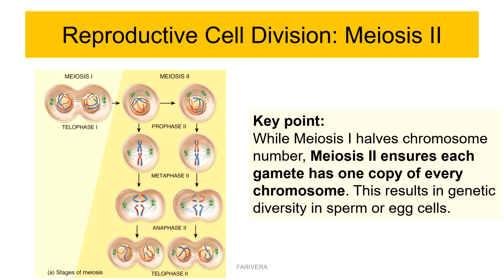This particular slide emphasizes an important distinction: meiosis 1 reduces chromosome number, while meiosis 2 separates the sister chromatids. Together, these divisions contribute to the formation of genetically diverse reproductive cells.